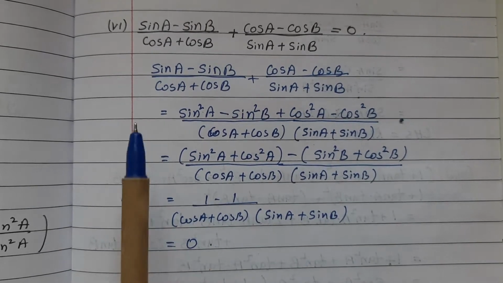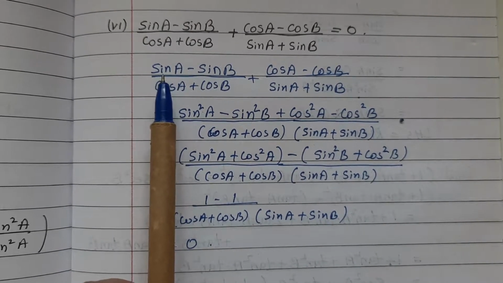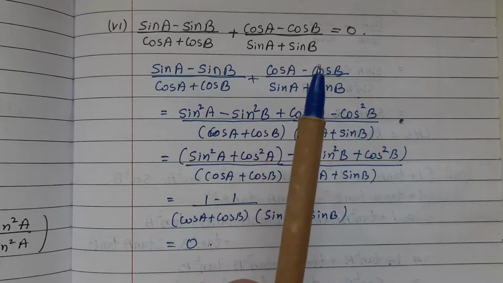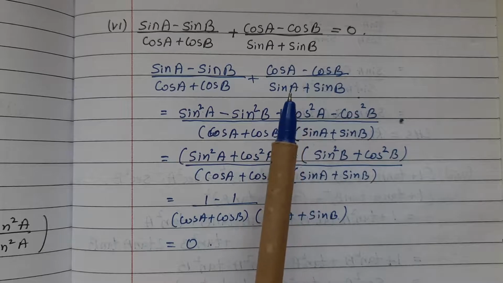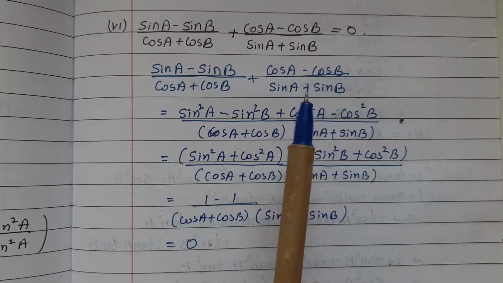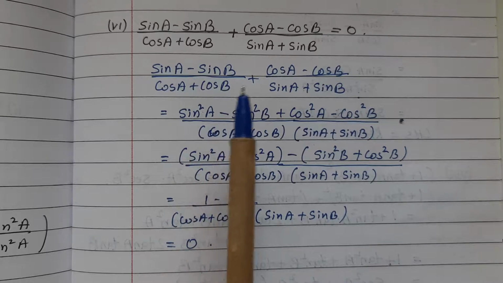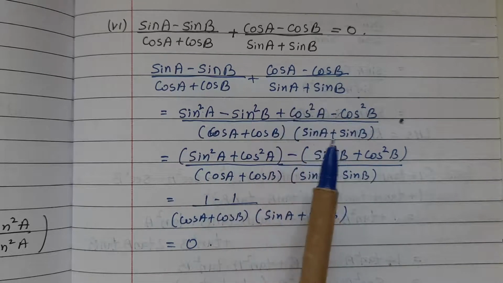Sixth part, left hand side is equal to (sin A minus sin B) upon (cos A plus cos B) plus (cos A minus cos B) upon (sin A plus sin B). LCM is (cos A plus cos B) into (sin A plus sin B).